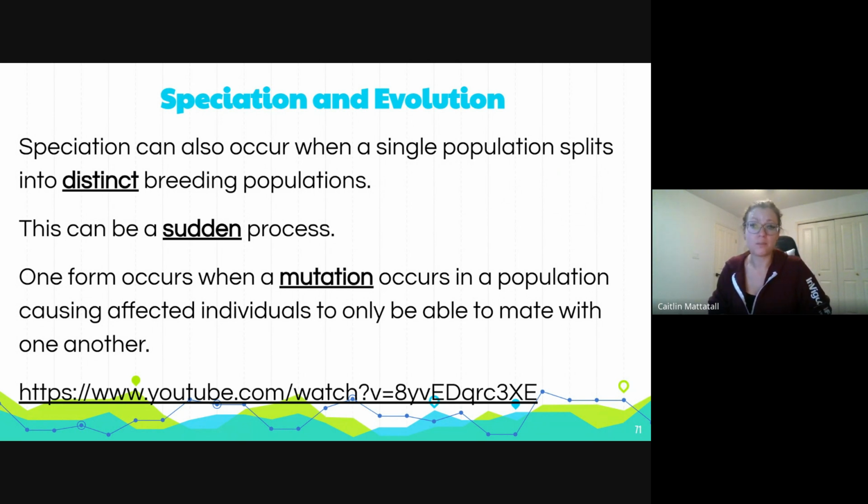Speciation, again, can be a sudden process where it wasn't planned and all of a sudden something just drastically separates these populations that came out of nowhere.